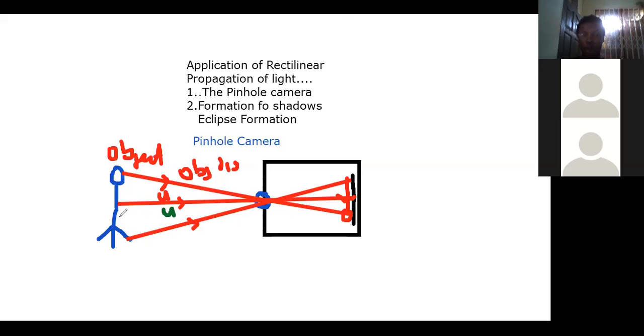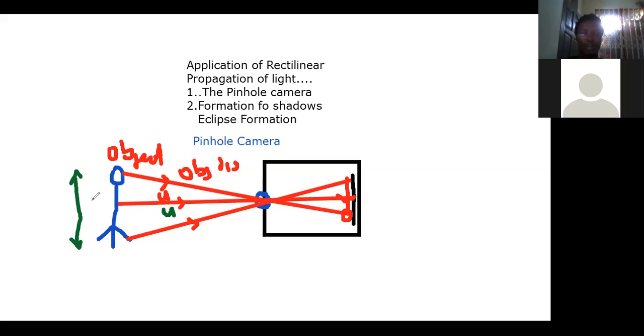So the distance from the object to the pinhole is what we call the object distance, and it is represented by u. Now, the height of this object is what we call the object height, and it is denoted by h naught, h0. There's the object height, the height of the object.